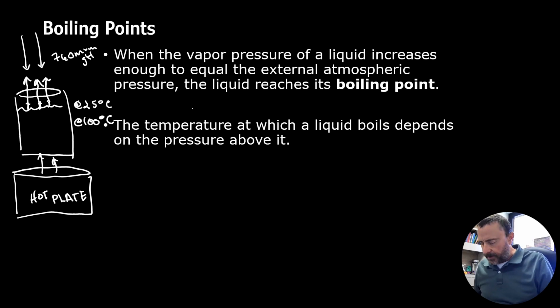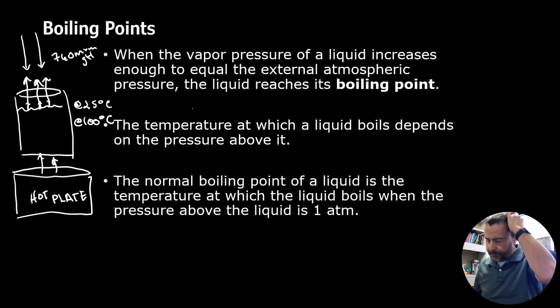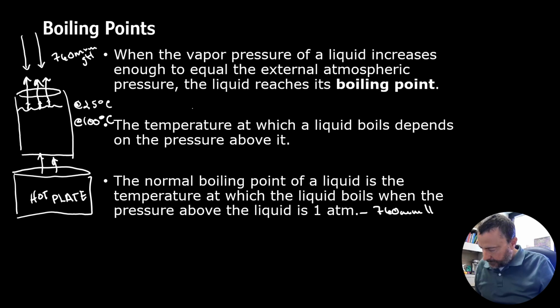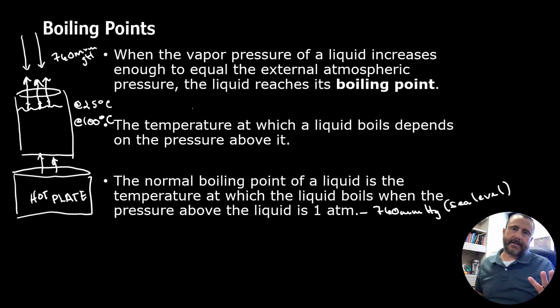The normal boiling point of a liquid is the temperature at which it boils at 1 atmosphere, which is at sea level. That's what we call, by definition, the normal boiling point.